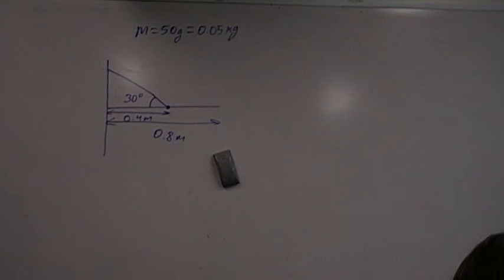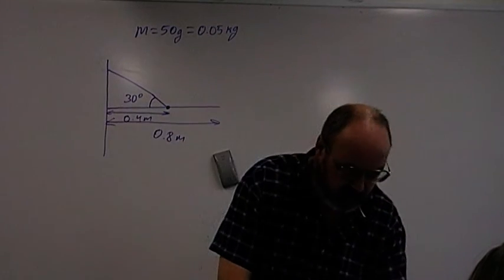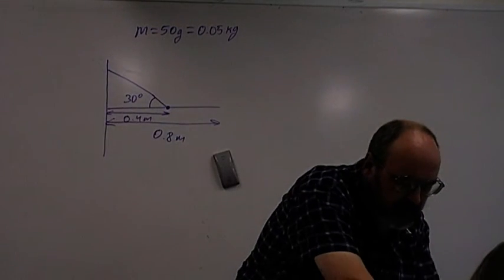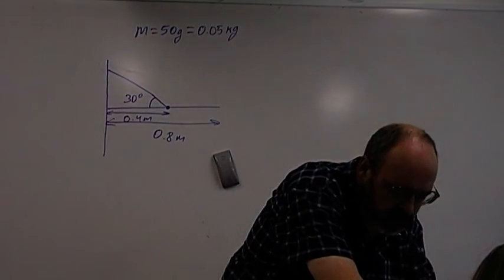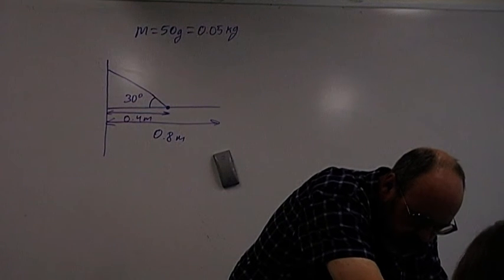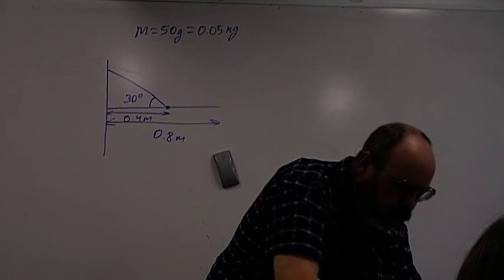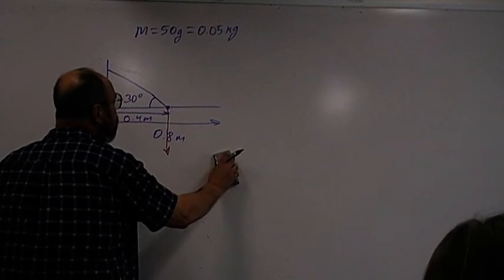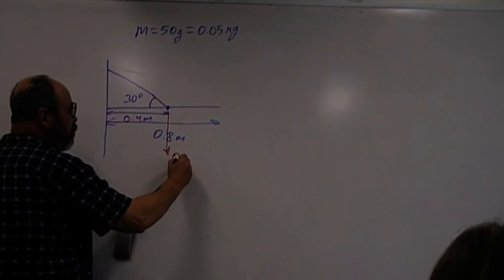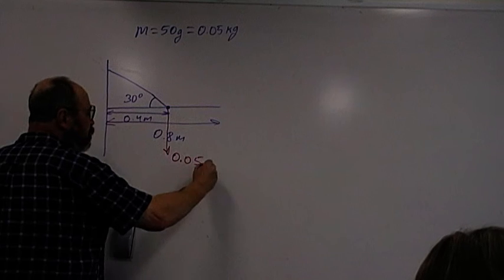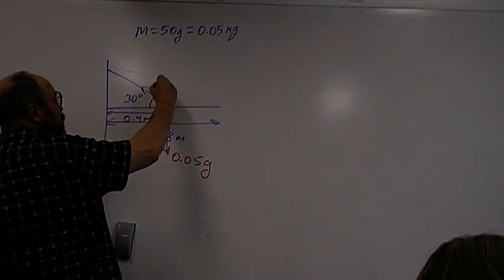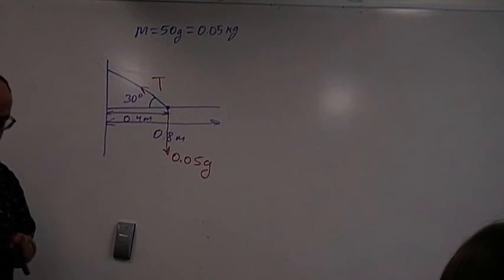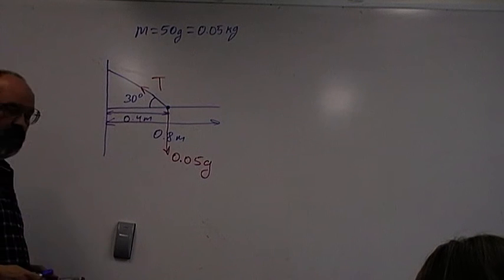Which forces act on the beam? Gravity. We have gravity, the weight force, 0.05 g, and we have a tension acting this way. Isn't tension both ways?